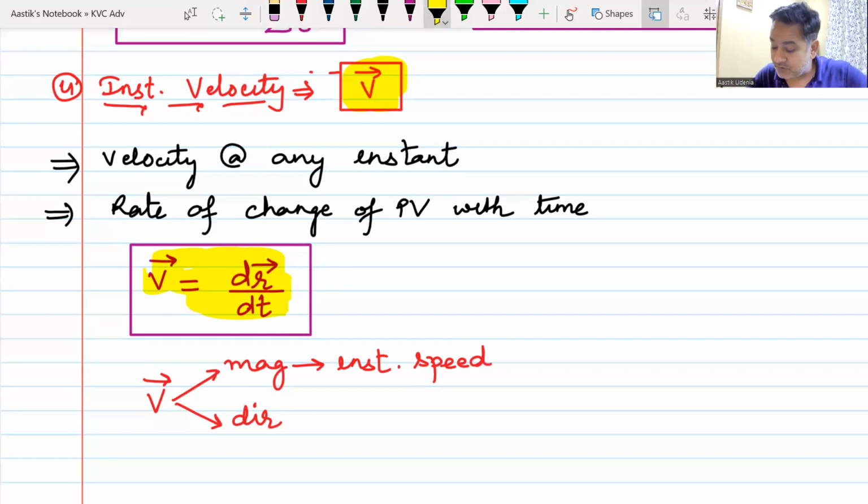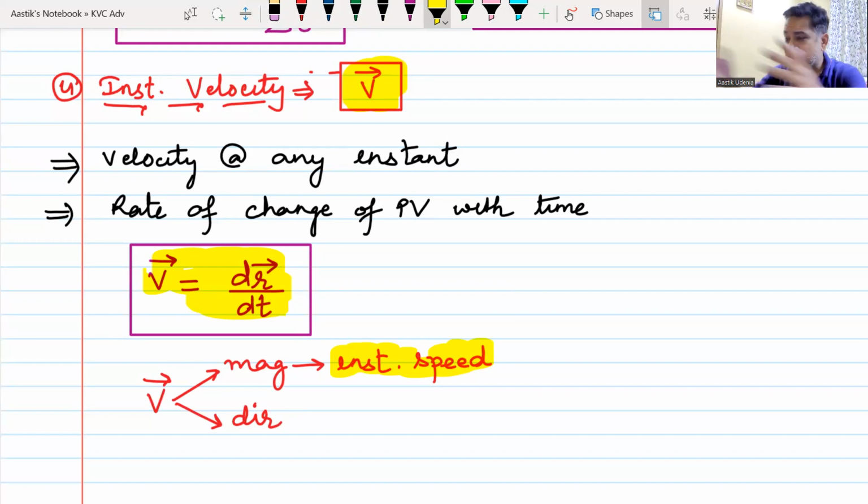So you might have heard this saying that velocity is speed with direction. Whenever you heard that term, you actually talked about the instantaneous velocity. Instantaneous velocity is instantaneous speed with direction. For example, you are on a bike or a car, and I ask you, what is your instantaneous velocity?